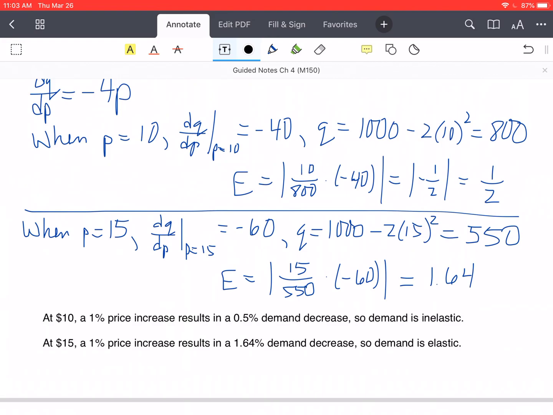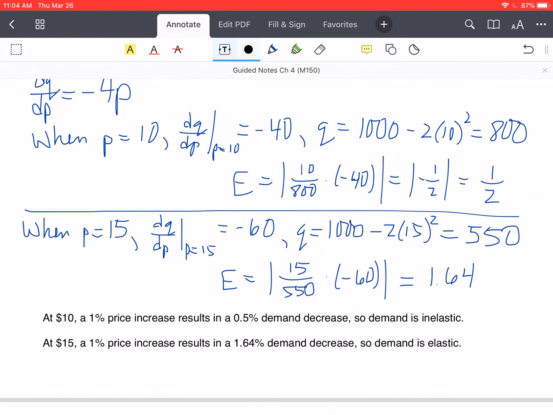Because their willingness to buy it goes down as the price goes up. Okay, so you can get different values for elasticity at different prices. And in fact, as price goes up, so does elasticity, right? Because the more they're paying, the less inclined they are to pay that additional 1% on top of it.